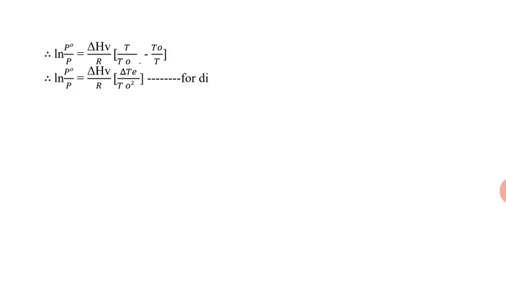Therefore, ln P0 by P is equal to delta Hv upon R into ((T minus T0) upon T0 into T). Now T minus T0 is delta T, and T0 into T is T0 square, because for a dilute solution T is nearly equal to T0.